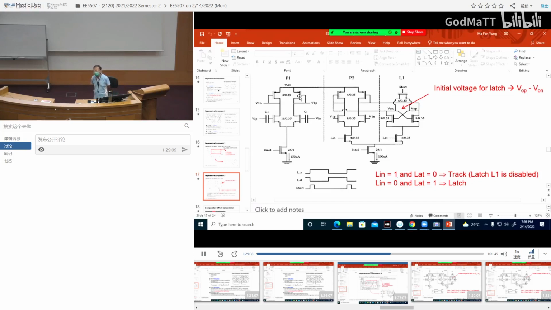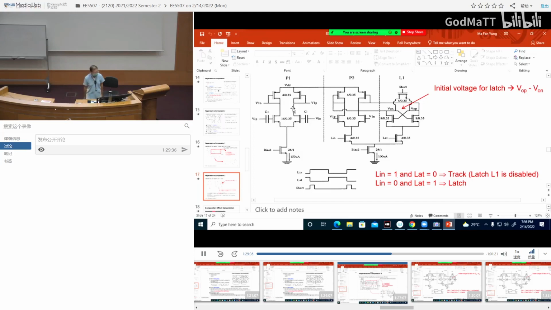Output is a simple diode connected load, right? Gate to drain. Which you will learn in part 1: what is the impedance at this node? It's 1 over gm. 1 over gm.